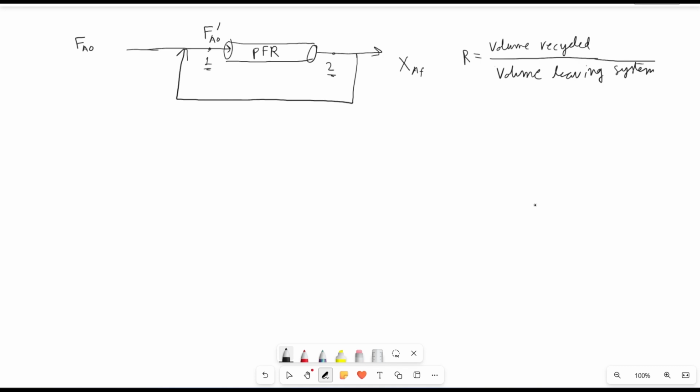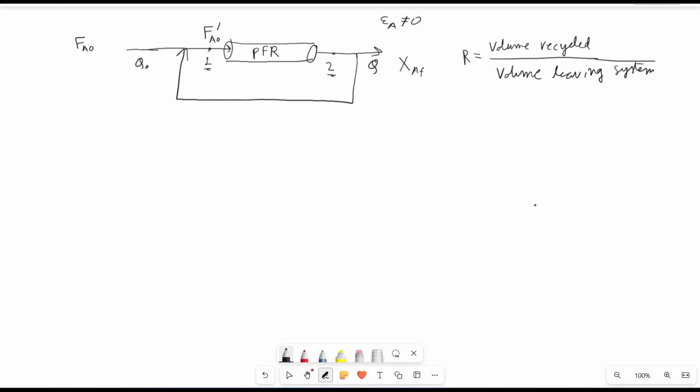Suppose the volumetric flow rate at the inlet of the system is Q naught and the volumetric flow rate leaving the system is Q. We are assuming there is a change in density, meaning the epsilon A term is not zero. This is a general case.